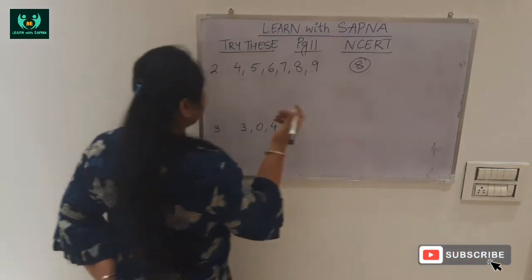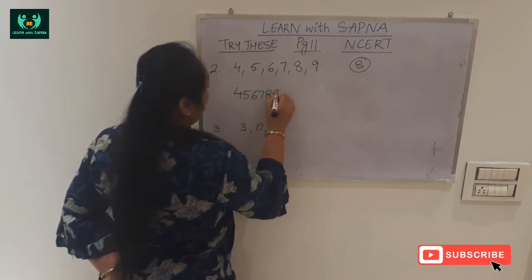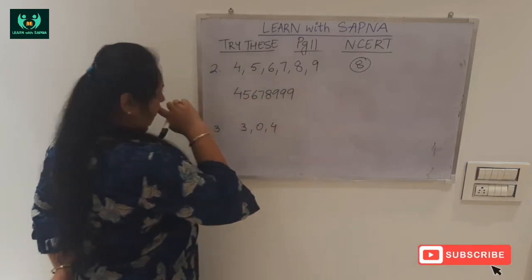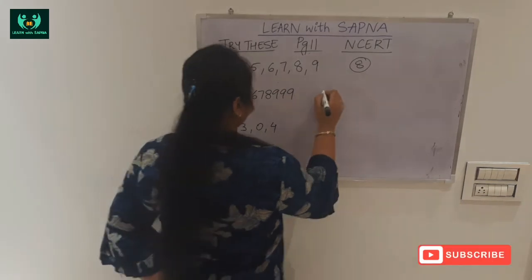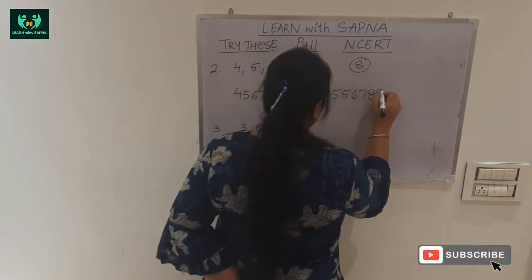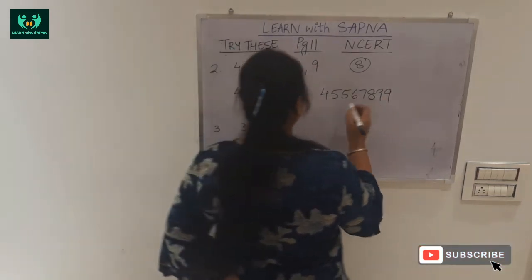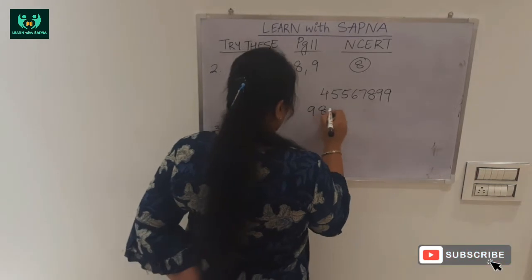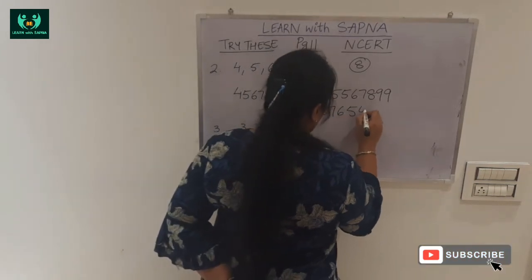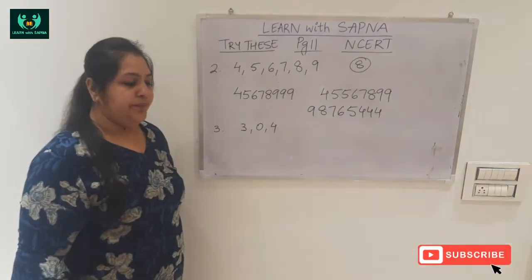So any 3 8 digit numbers can be made. I have repeated 9, then I have repeated 5 and 9. Here I have repeated 4.